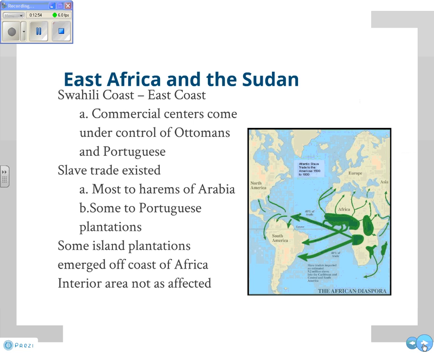Okay, east coast of Africa and the Sudan. Describe slavery in East Africa. In East Africa, we've got the Swahili coast, which is the east coast of Africa. You remember Swahili is a combination of what two things?